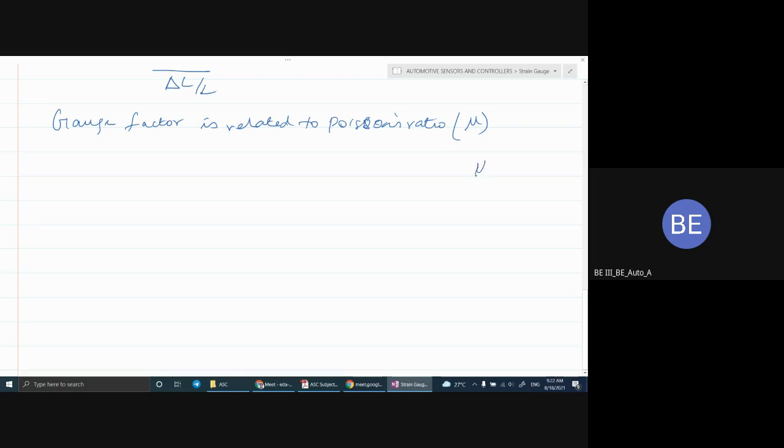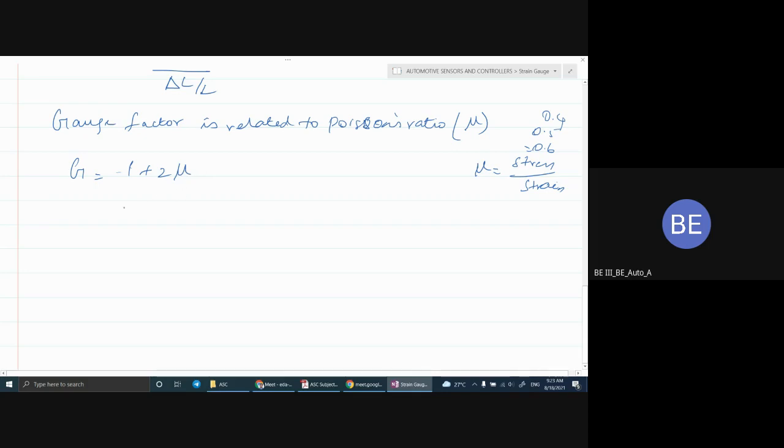Poisson ratio, mu, is stress by strain, which will be 0.6, 0.5, 0.4. Have you ever heard about this? So this gauge factor can be represented as 1 plus 2 times the Poisson ratio.